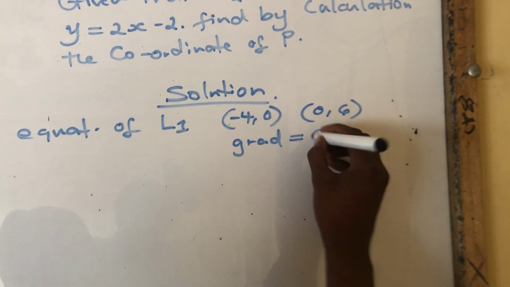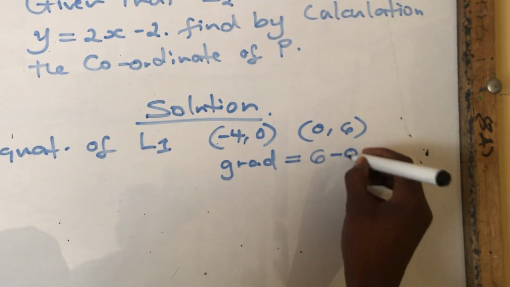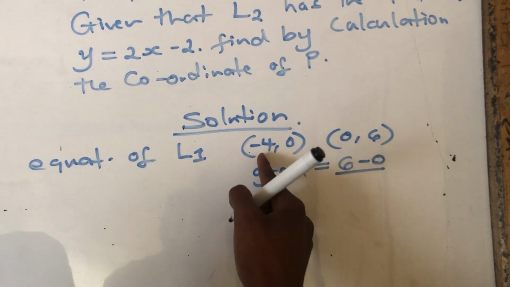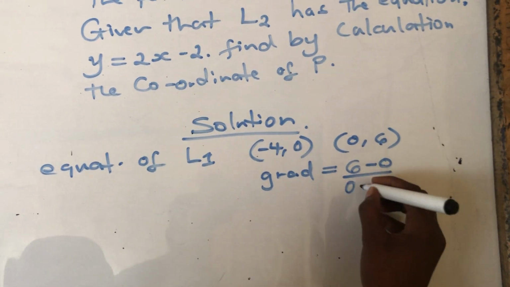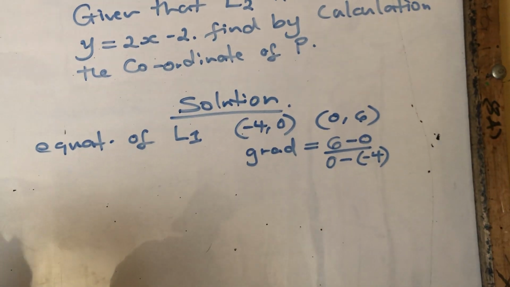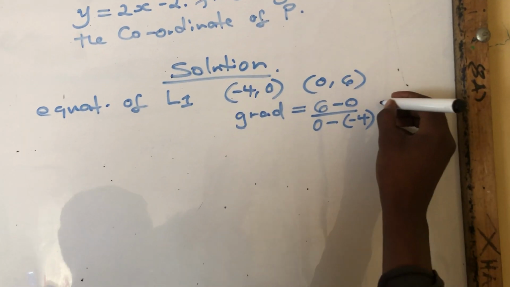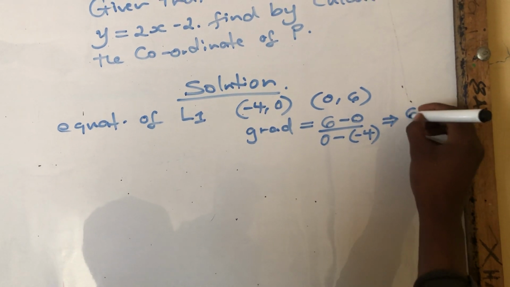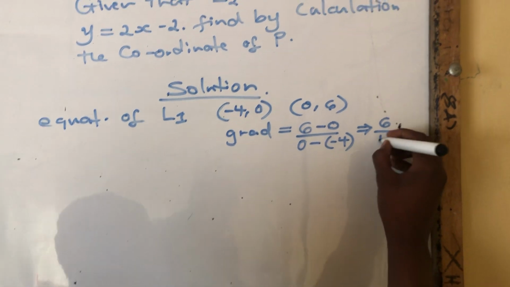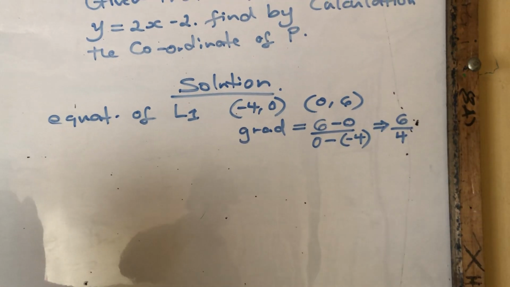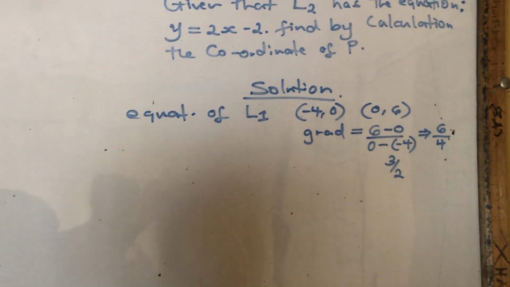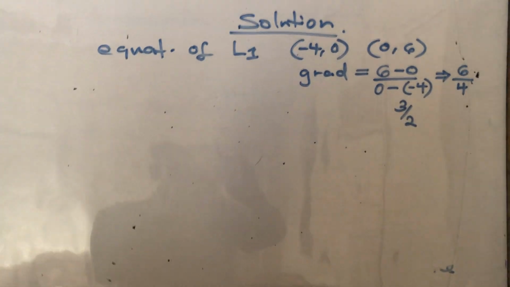That should be 6 minus 0, all over x2 minus x1, which will be 0 minus negative 4. In the numerator, we will obtain 6, while for the denominator, we will obtain 4. And 6 divided by 4 should give us 3 all over 2 as the gradient.